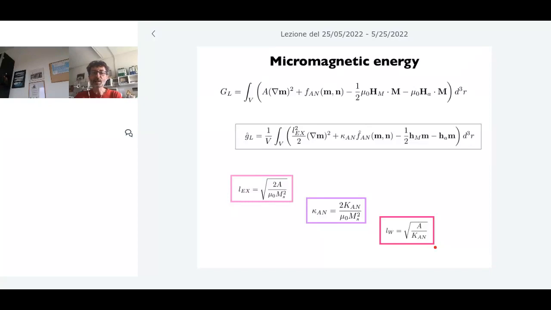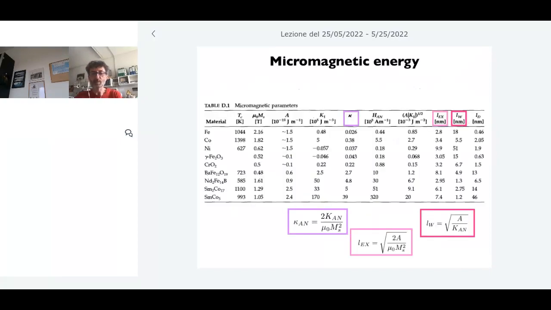In the end, much of the domain structure of materials is dominated by the typical ratio between these lengths, and also by the system size, by the way. Let's have a look at how this micromagnetic parameter changes from material to material. Here we have a very nice list of different materials. So iron, cobalt, and nickel, elemental ferromagnets.